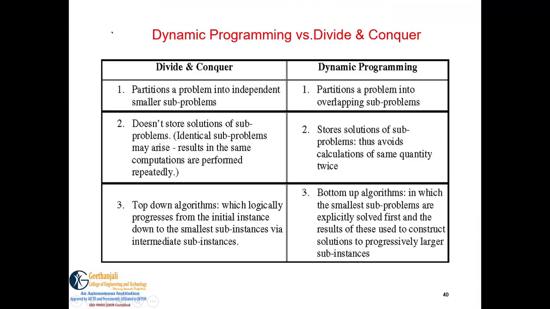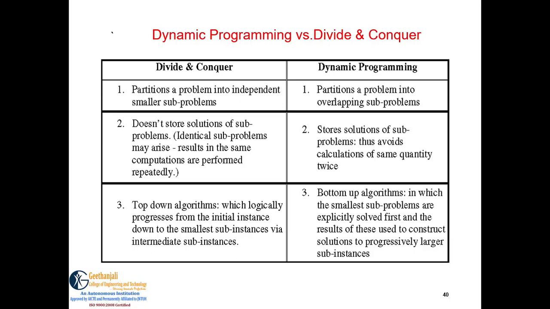Okay, so again the difference between dynamic programming versus the divide and conquer model. In the divide and conquer model, there is partition of a problem into independent smaller sub problems. Here, the partition of a problem is into overlapping sub problems.